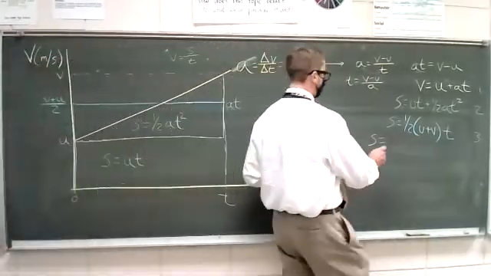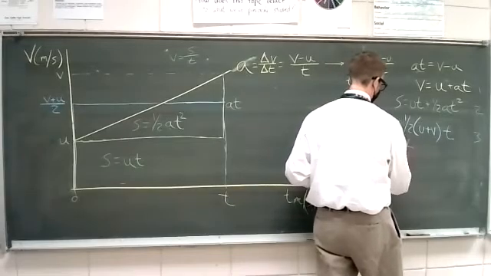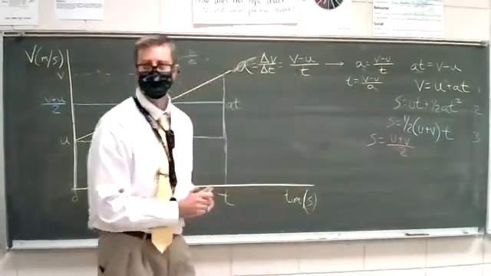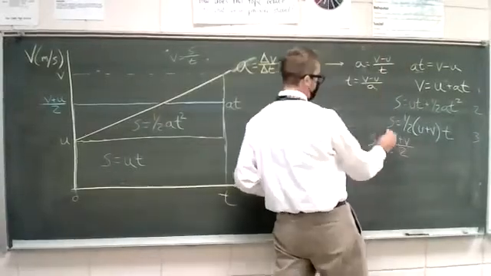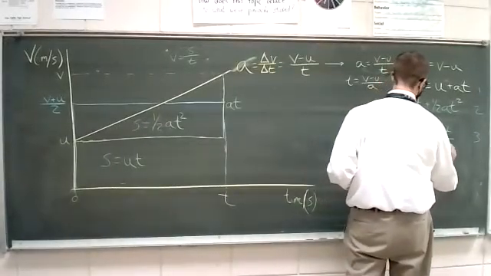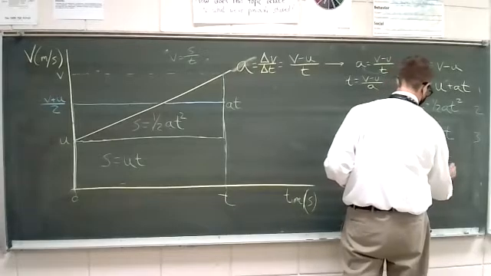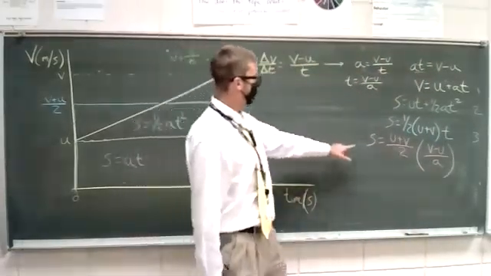So I've got S equals u plus v over 2, times time, but remember what time is equal to. Time is v minus u over a. So that's what S is equal to.